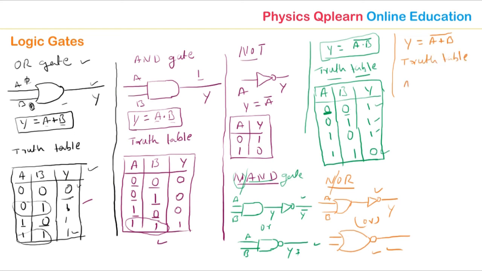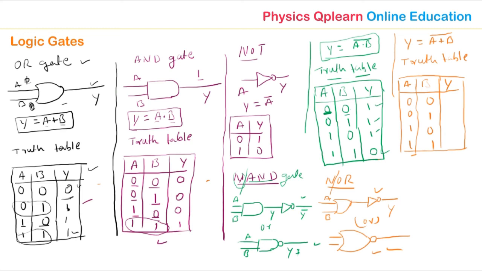Here is the input A and B, and this is the Y. So here 0 0, 0 1, 1 0, 1 1, the same. The inputs are the same in all the gates, but only the output is changing. For every truth table, 0 0, 0 1, 1 0, 1 1 will be the same here and here and here and here, except the NOT gate, because it has only one input and one output.